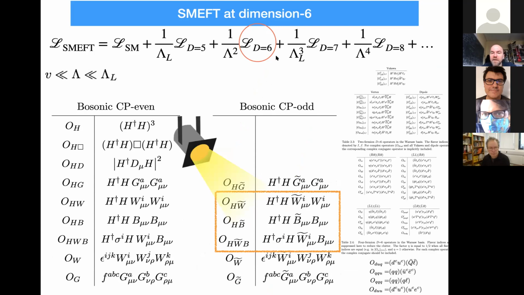So the Higgs boson can also have CP violating interactions. And if you look at the dimension 6 operators, there is some class of operators that contain the Higgs boson and gauge bosons. And you see that there are these twiddles here. It means that this violates CP.